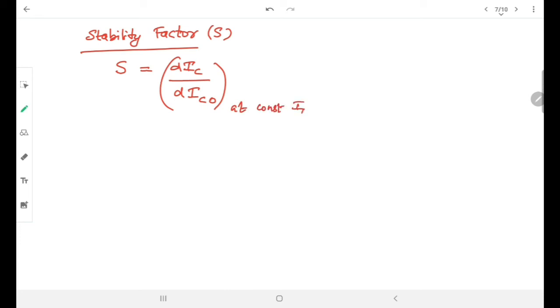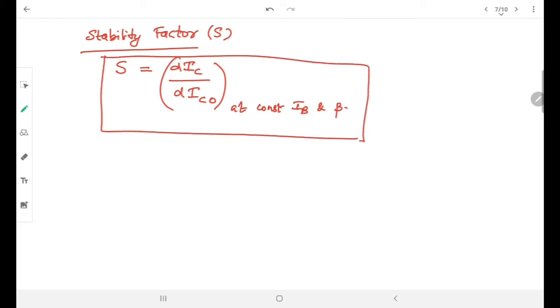So stability factor is defined as the ratio of change in collector current with respect to the change in collector leakage current at constant IB and beta.